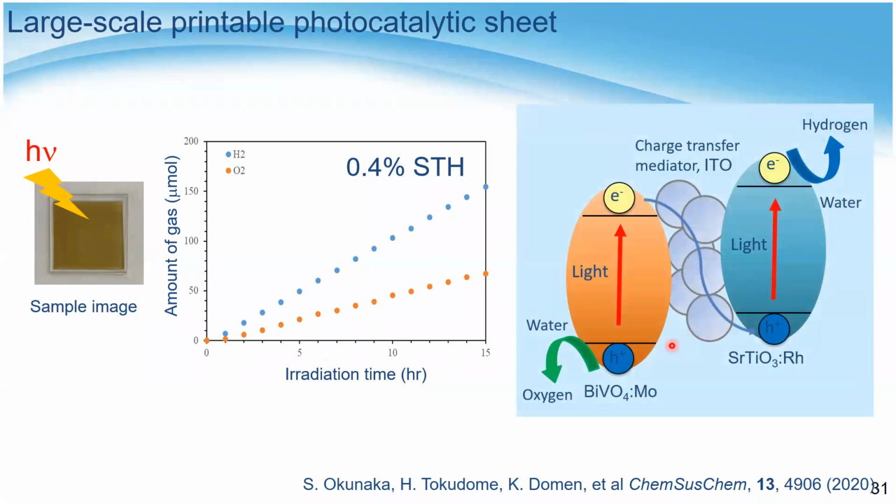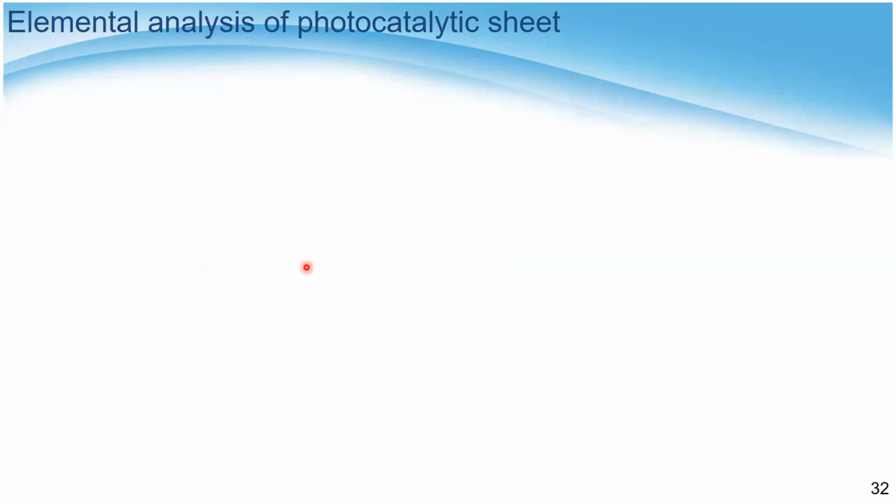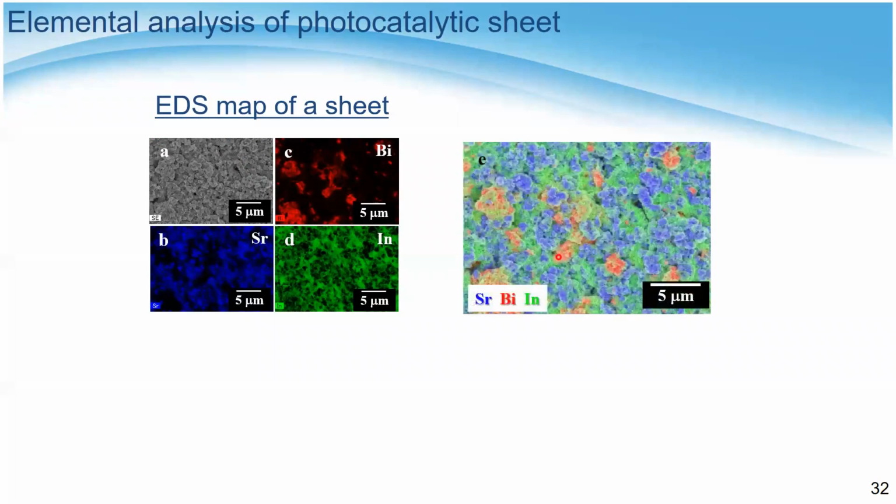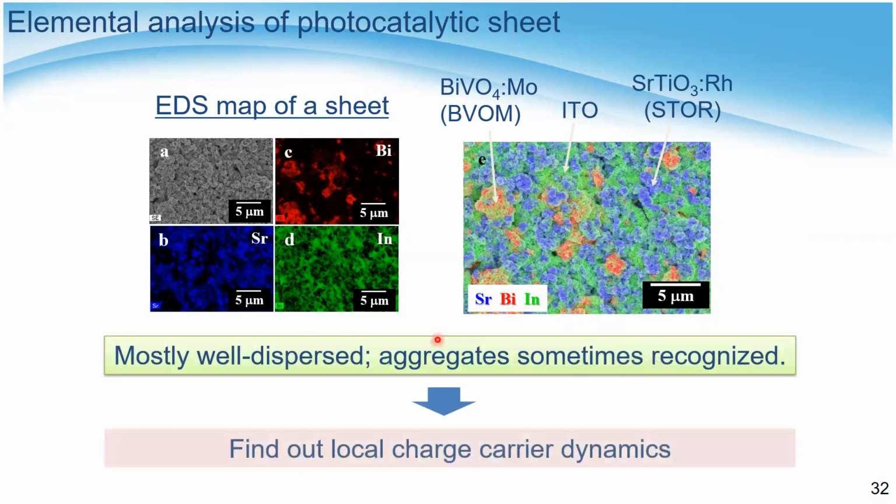This is made of two different materials, bismuth vanadate and a strontium-based oxide, and as a charge transfer mediator, ITO is used. Looking at this material sheet by using EDS, you can see the bismuth, strontium, and indium positions. By overlapping them here, you can find the bismuth vanadate position in the ITO and SrTiO3. So mostly the particles are well dispersed.